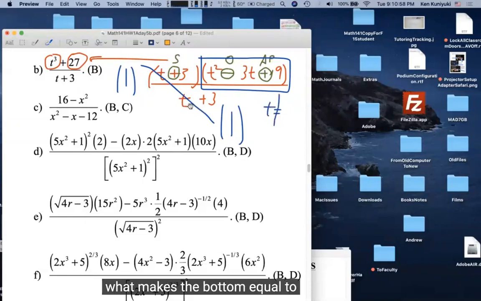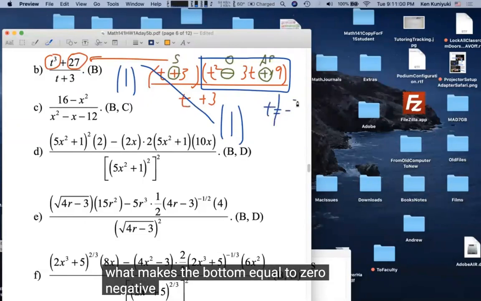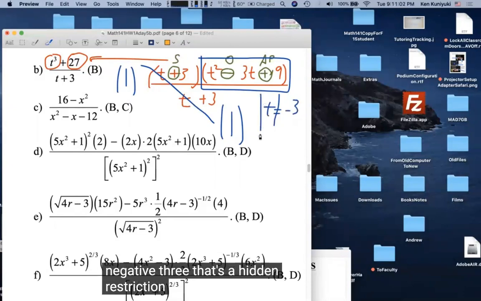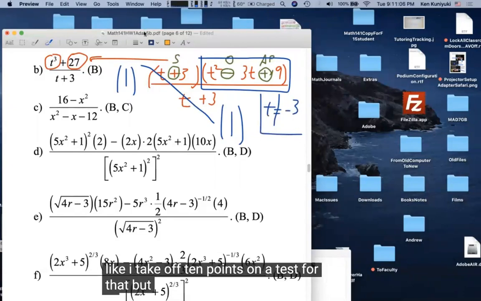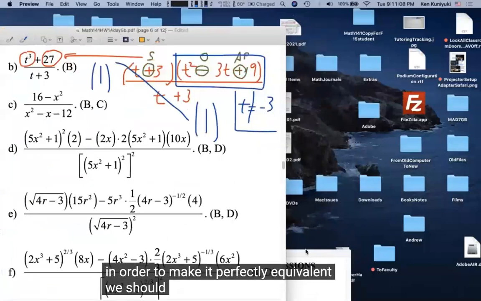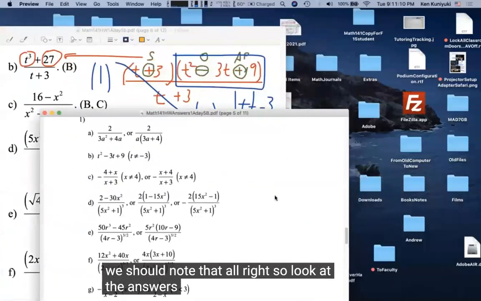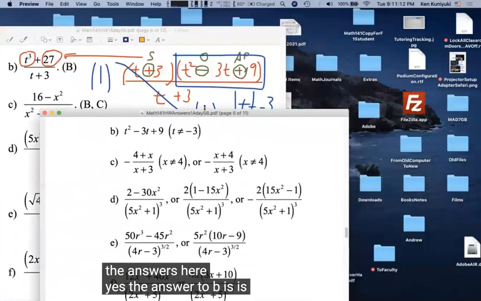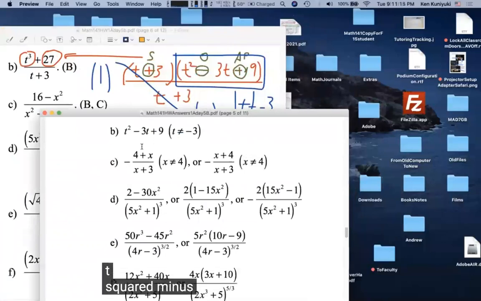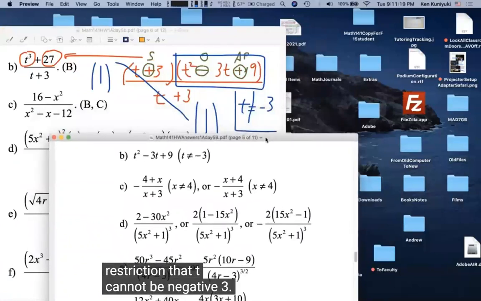What makes the bottom equal to 0? -3. That's a hidden restriction. It's not critical. It's not like I take off 10 points on a test for that, but in order to make it perfectly equivalent, we should note that. So look at the answers here. Yes, the answer to B is that trinomial, t squared minus 3t plus 9, with the hidden restriction that t cannot be -3. Any questions?